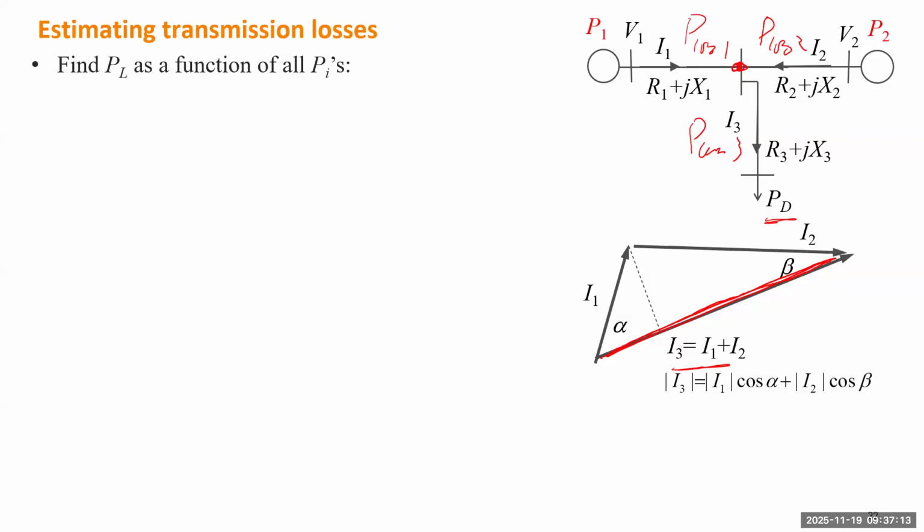So if we draw this line, which is like the height of this triangle, the absolute I3 will be equal to this part plus that part. Which will be absolute I1 multiplied by cosine alpha, plus absolute I2 multiplied by cosine beta.